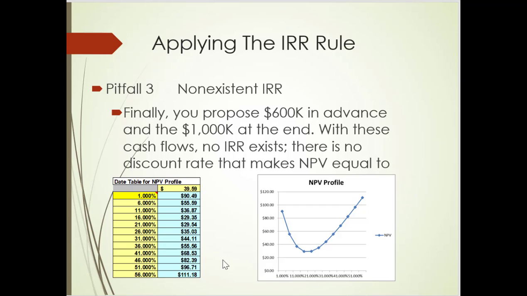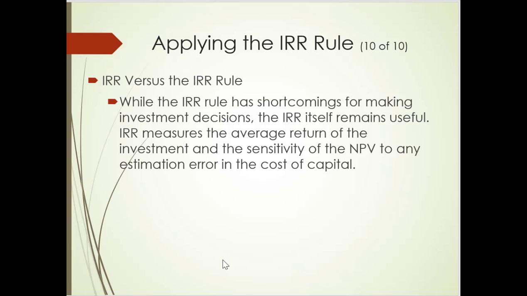So what do we have? We have these conflicts. So the internal rate of return has shortcomings. It's still useful. It measures the average rate of return of the investment. It gives us a concept of some sensitivity to some estimation error in the cost of capital.